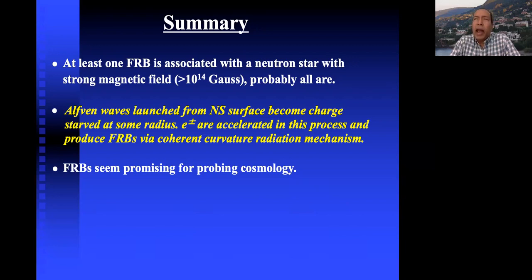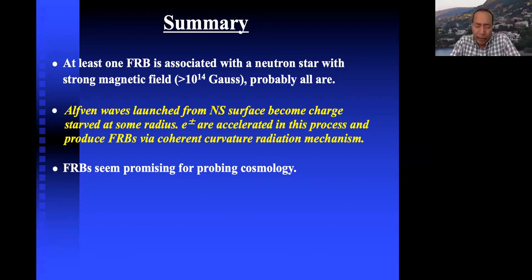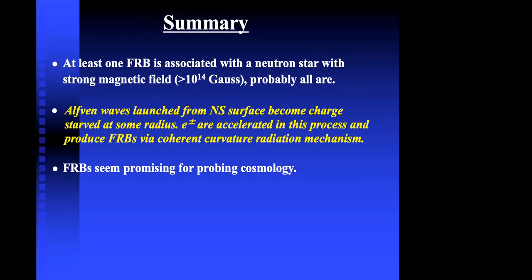But other than that, we have no other case of an FRB where we see radiation in any band other than the radio band. Does that answer your question, or did you have something else in mind? Yes, your answer is very good for me.